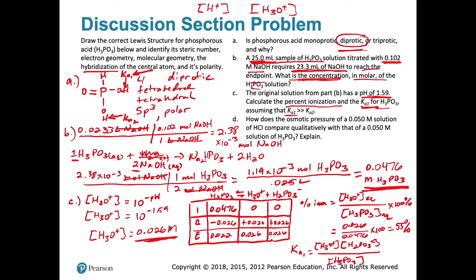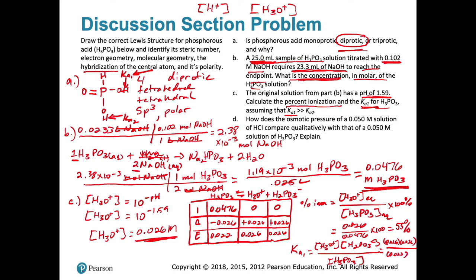I did this math already and ran out of room here, so I'm just going to squeeze it in. It should be 0.026 times 0.026, all divided by what? What should it be divided by? Yes, exactly. The equilibrium number from the original. Good job, Stephanie.